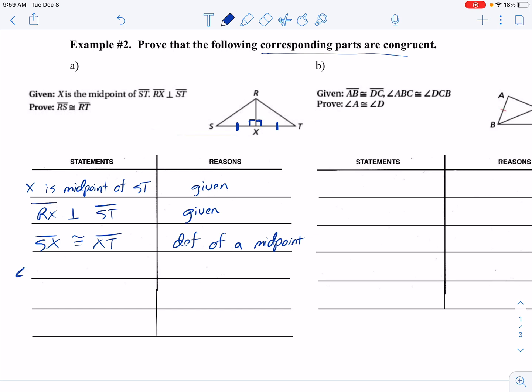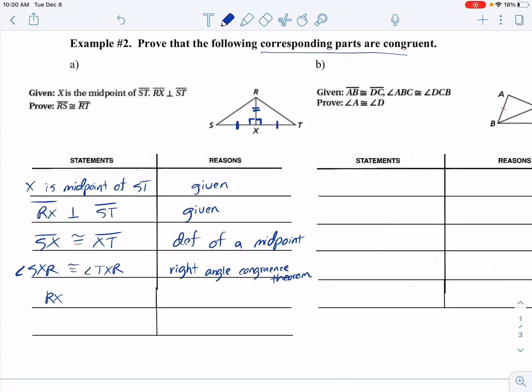So that would be angle SXR is congruent to angle TXR because of the right angle congruence theorem. We also have a shared side, so we could state that RX is congruent to RX, reflexive property of congruence.